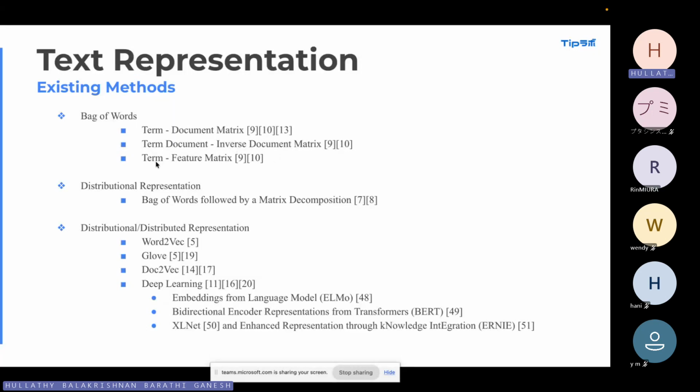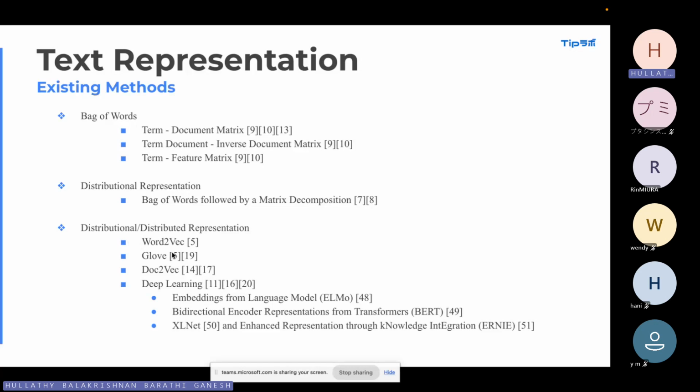Then, in order to represent the word, how the term feature matrix is derived from these two matrices. Then in the distributional representation method, in order to represent the context more clearly, how matrix decomposition like SVD, singular value decomposition, or non-negative matrix factorization is applied on top of these matrices to derive the context will be covered in these methods.